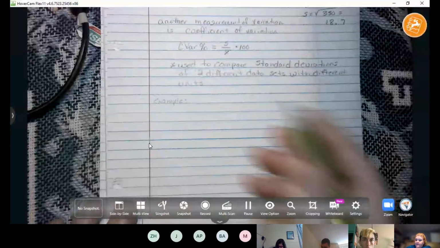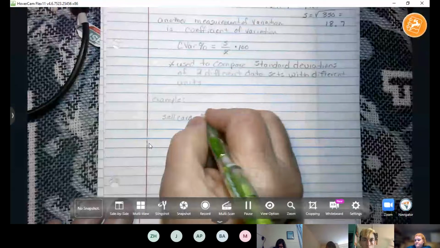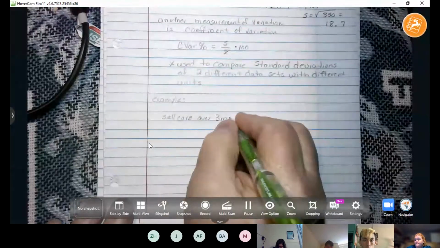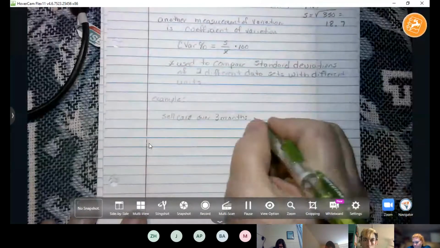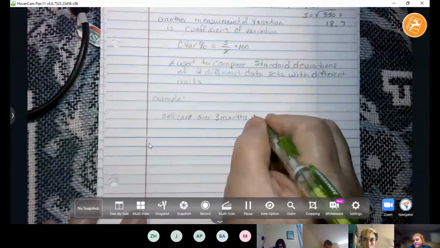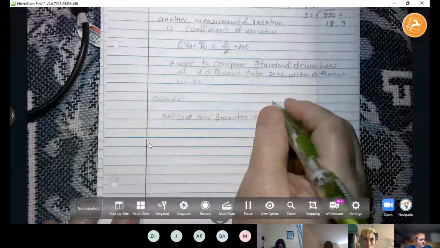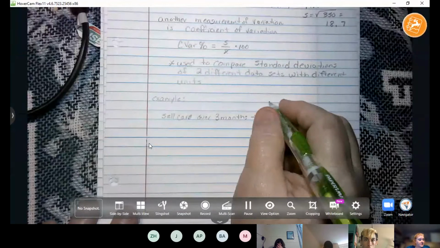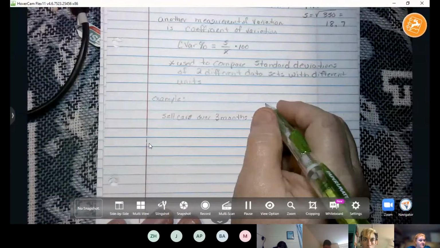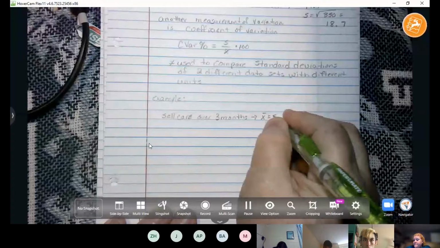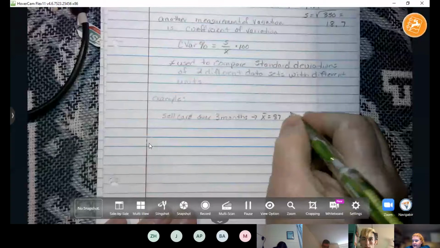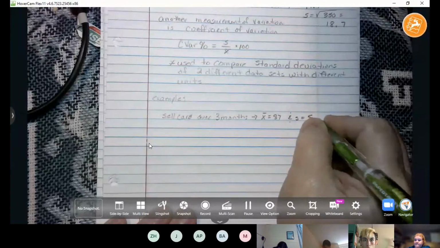We sell cars over 3 months. The mean is 87 and the standard deviation is 5.